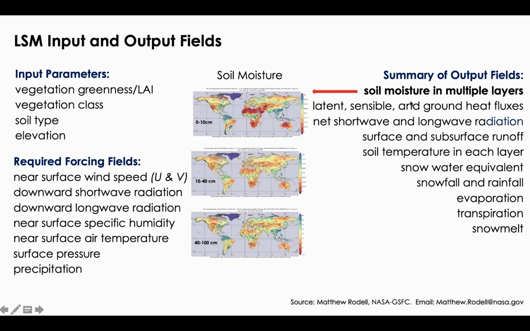In addition, there are sensible and latent and ground heat fluxes, radiation, surface and subsurface runoff, soil temperature in each layer, snow water equivalent, snowfall and rainfall, evaporation, transpiration, and snow melt. These are available as outputs. We are going to focus on soil moisture for this particular session.